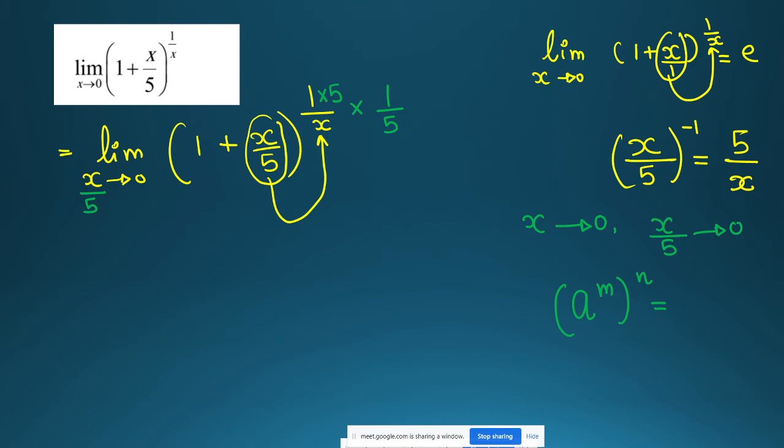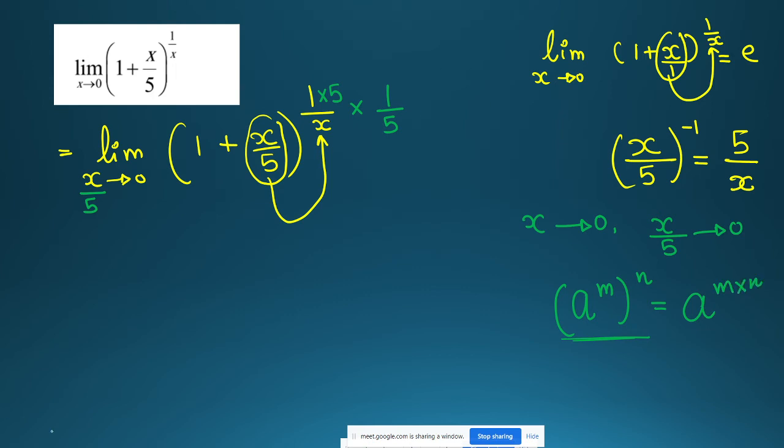What is the power of a power? Yes, anyone? The power of a power gets multiplied. No, no, I am asking you here. It is just a simple index rule. This is nothing but a raised to m into n.